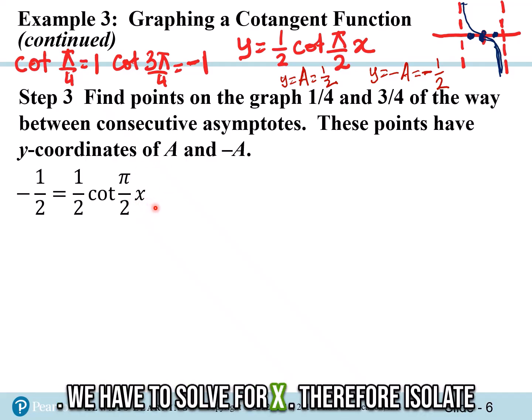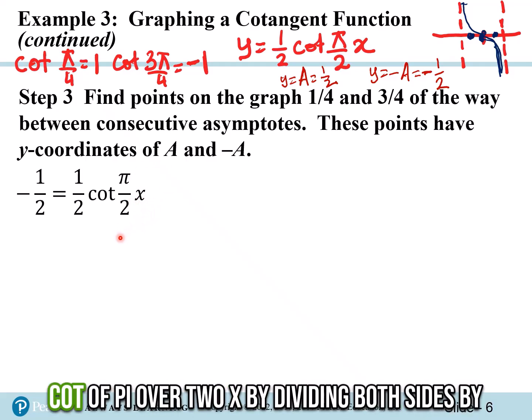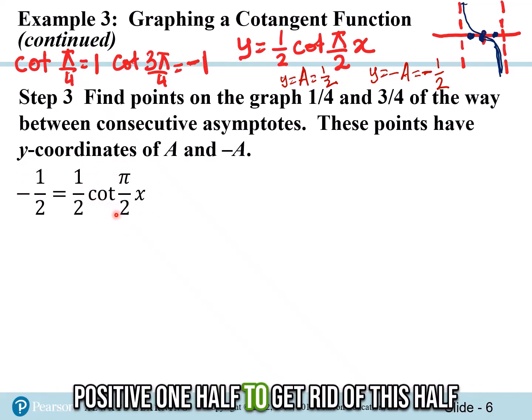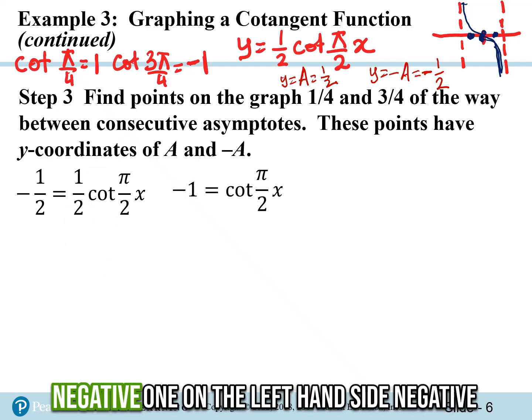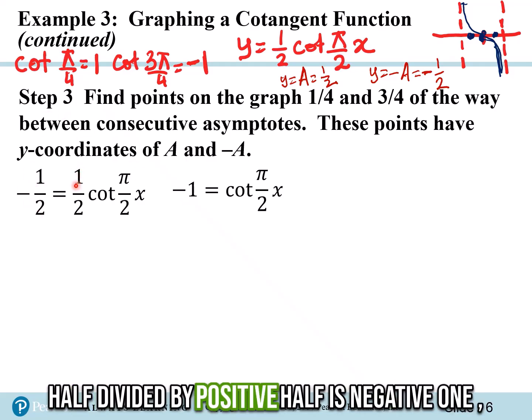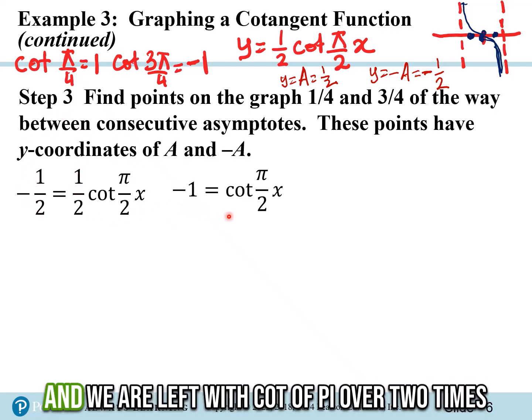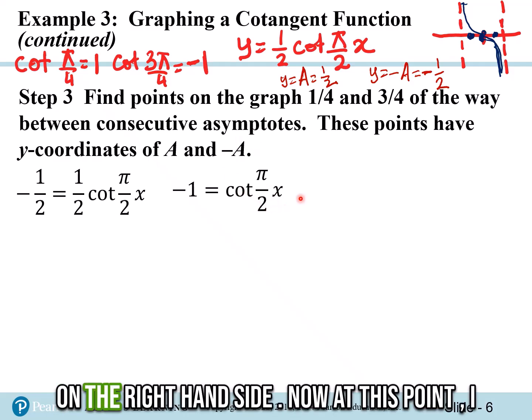We have to solve for x, therefore isolate cot of pi over 2x by dividing both sides by +1/2 to get rid of this half here. When we do that, we end up with -1 on the left-hand side. -1/2 divided by +1/2 is -1, and we are left with cot of pi over 2 times x on the right-hand side.